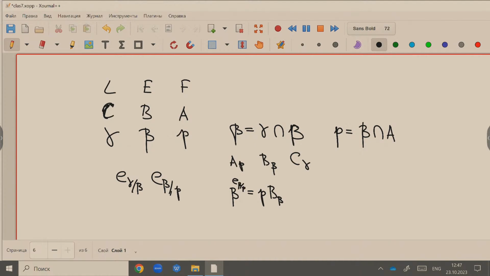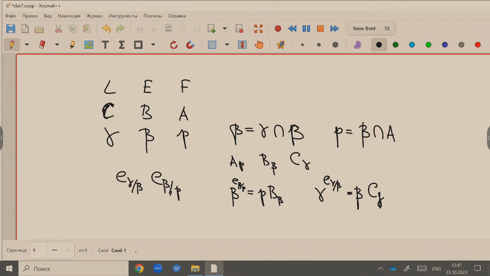And this beta, if you lift it to C, will be expressed as gamma to the corresponding ramification index e of gamma over beta.